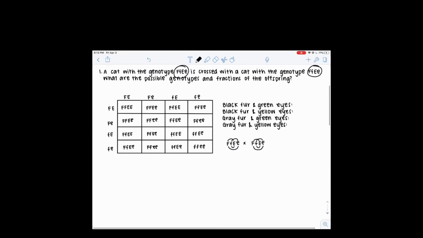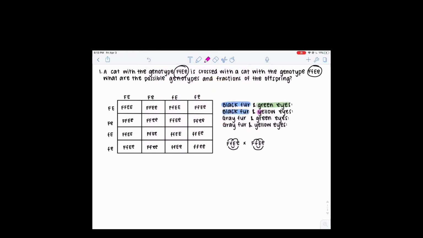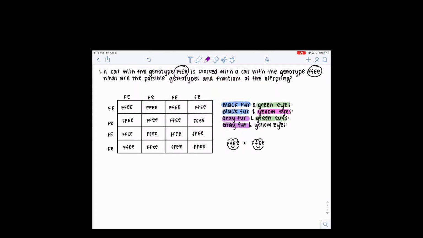To figure out the fractions of the offspring, we need to figure out which cats have the black fur and the green eyes, which cats have the black fur and the yellow eyes, which cats have the gray fur and the green eyes, and which cats have the gray fur and the yellow eyes.